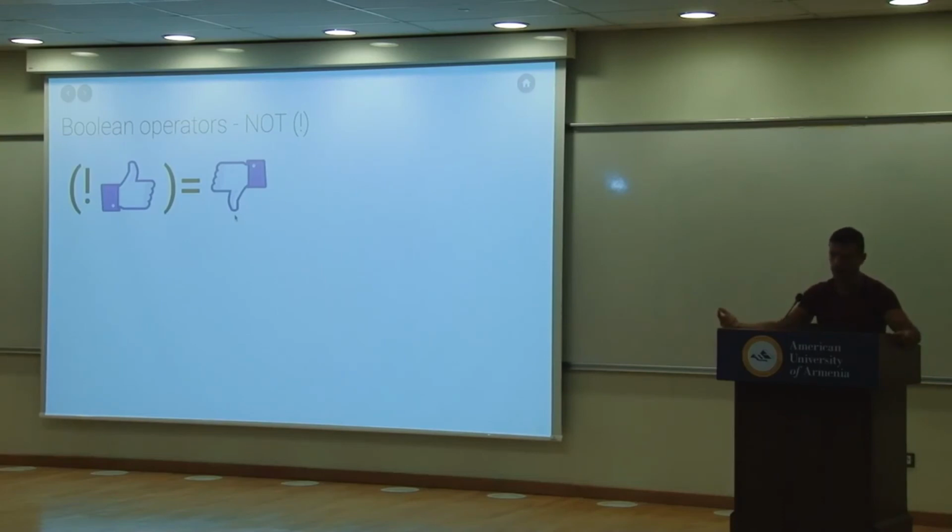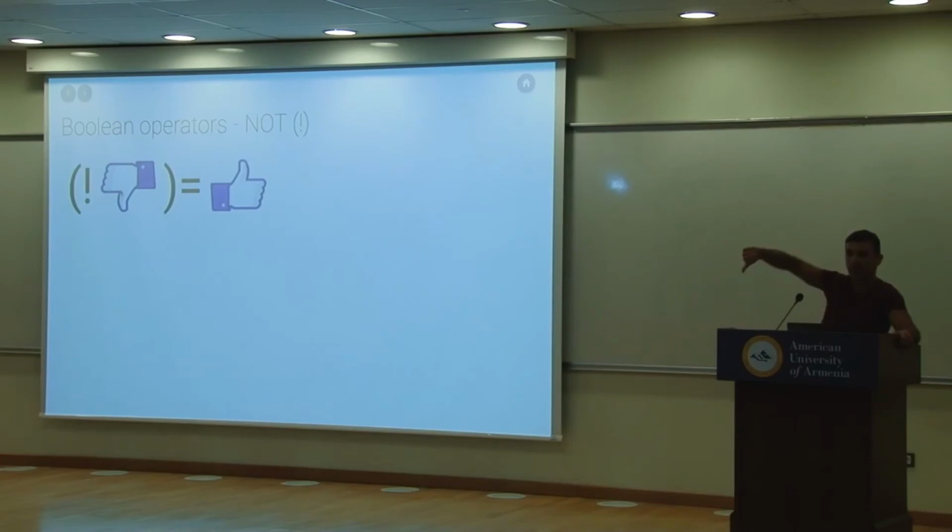You remember that? So this is very often used to mean not. So it's the opposite of that. You flip it. So if you flip true, you get false, right? If you flip false, you get true. Easy, right?